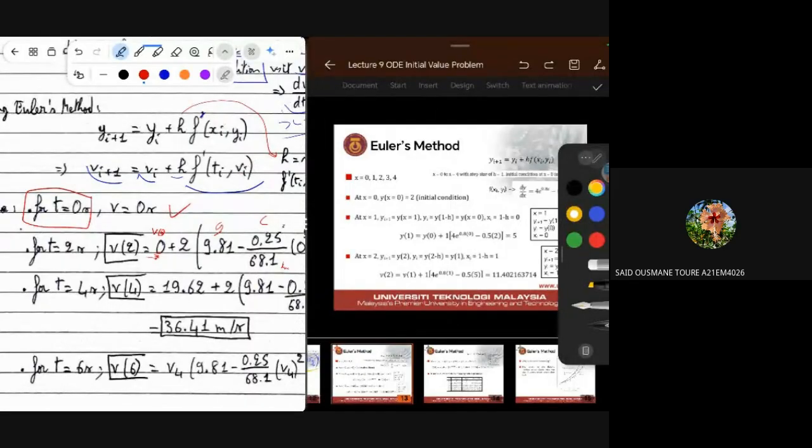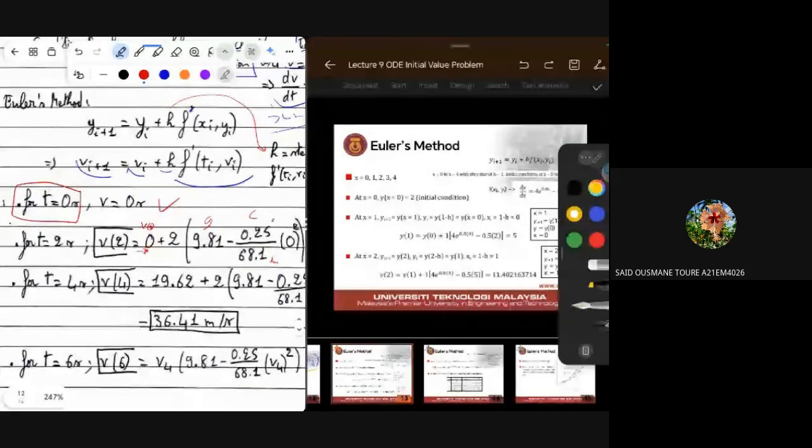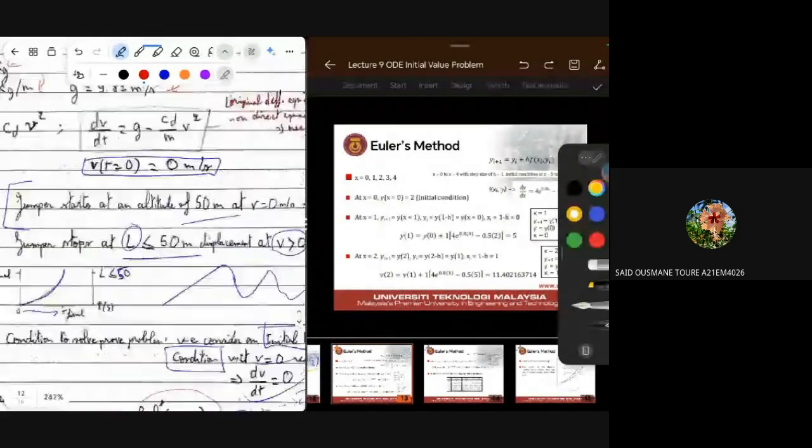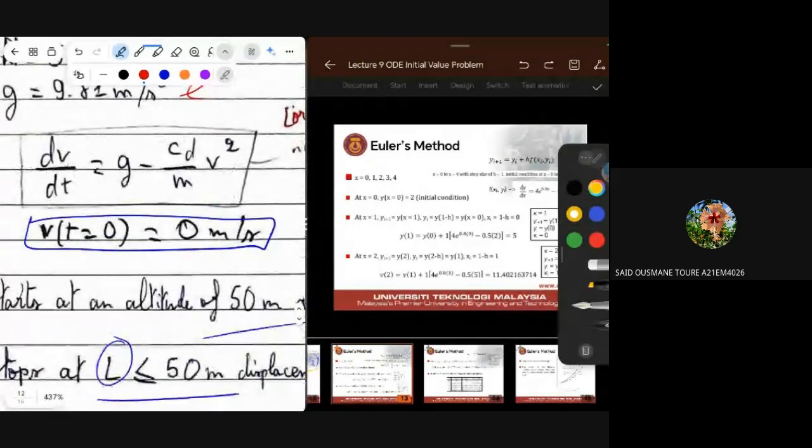So when we say V of 2, here you can see, Vi plus 1 equals Vi plus H, step size 2, times the function dV over dt. My Vi is V0, and V0 equals 0, so I put 0 here. What is the function dV over dt?